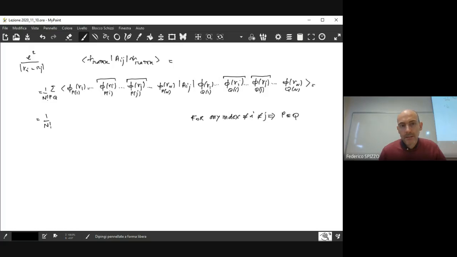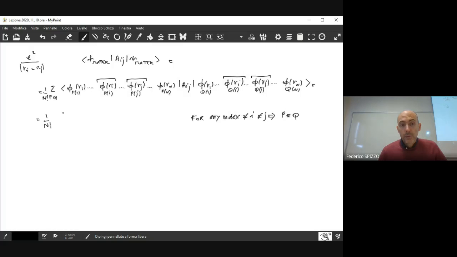Just to make an example, if you notice here, we have R1 here and R1 on the other side. The two-body operator does not affect the coordinate 1. So when you make the scalar product, if P1 is different from Q1, you have 0. So this is the requirement in general for all the indexes apart from i and j.